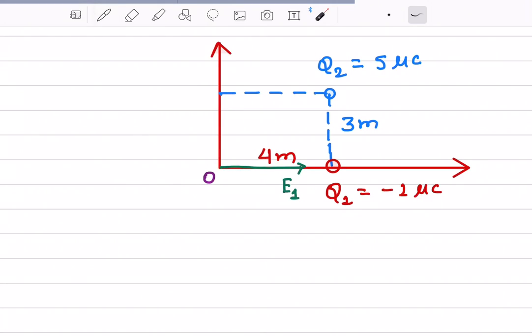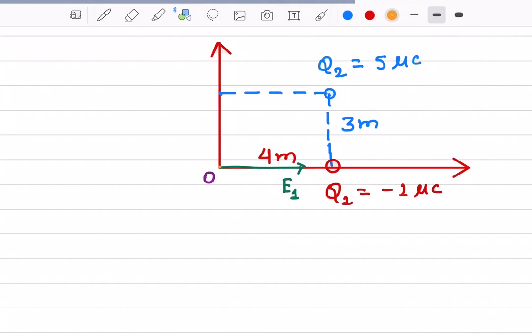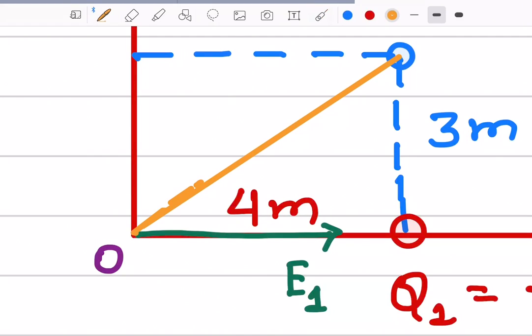Now Q2 is a positive charge. So what does that mean? The electric field will be away from the charge. Let's also find out the distance. This is 4 meter and this is 3 meter.